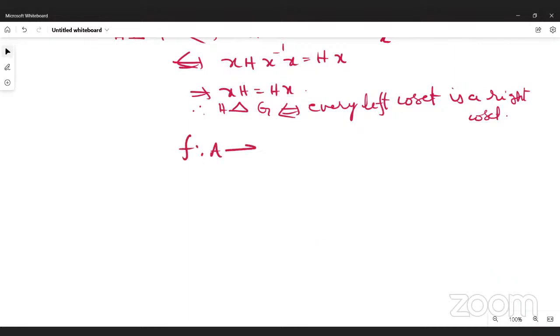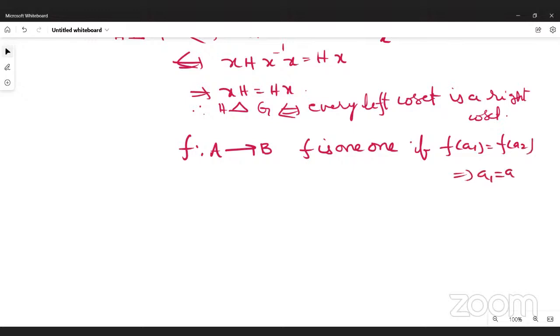That is, suppose f from A to B is a function. f is said to be one-one if f of A1 equal to f of A2 implies A1 equal to A2.